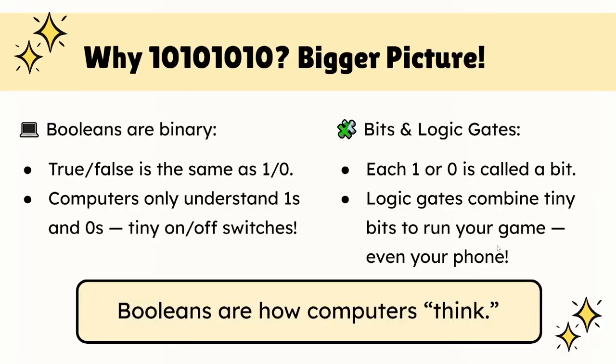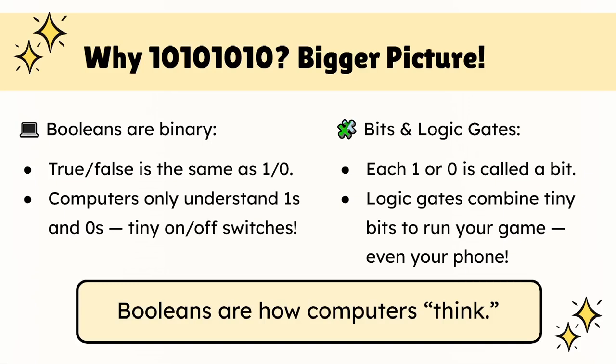So why 1 0 1 0? The bigger picture is Booleans are binary. True, false is the same as 1, 0. At the very core of it, computers only understand ones and zeros. They're tiny little on-off switches, and it's mind-boggling that these little on-off switches and conditionals basically power our computers.